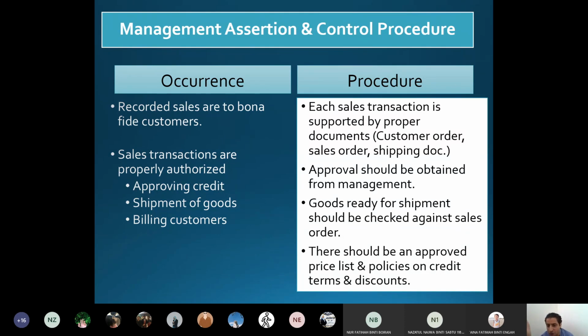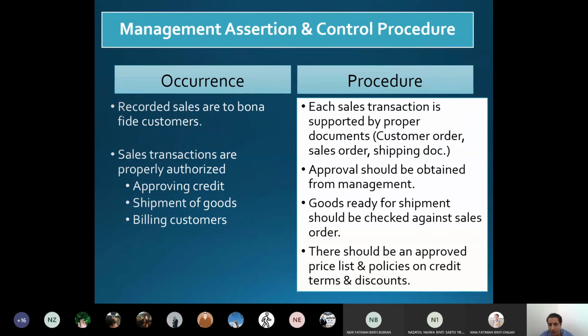And goods ready for shipment should be checked against the sales order and also the other documents, if the invoice has been sent simultaneously. There should be an approved price list and policies on credit terms and discounts.